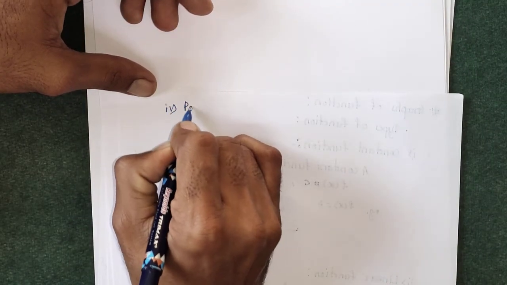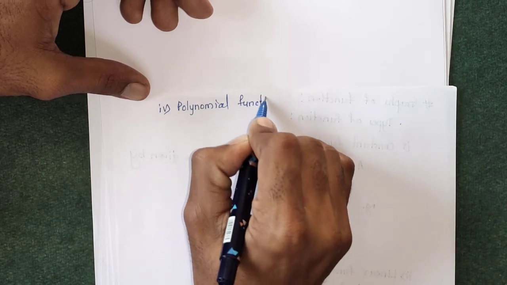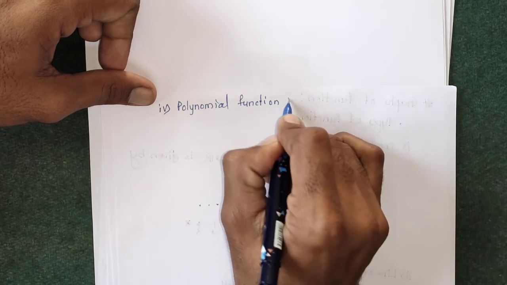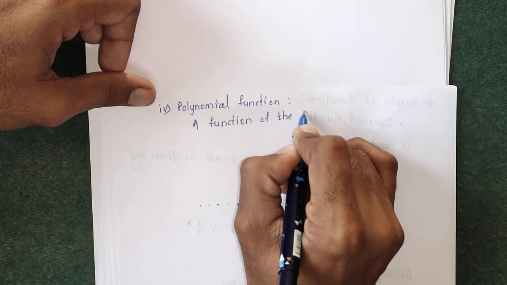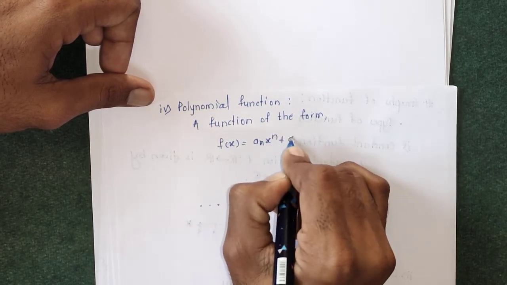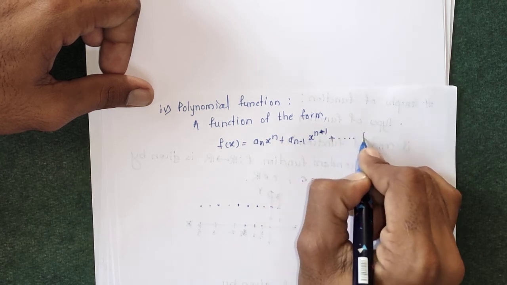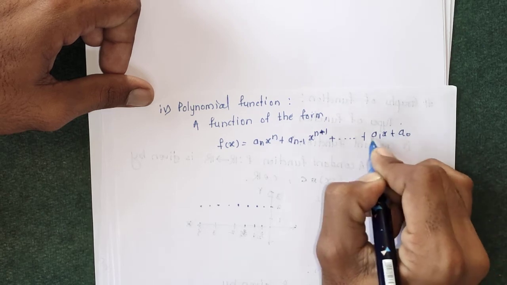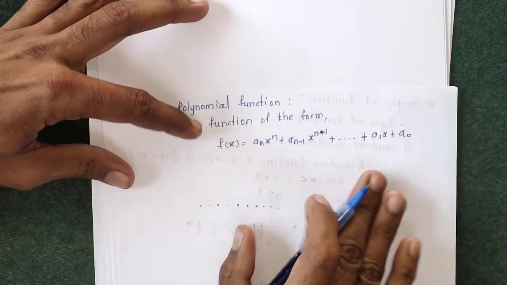The fourth definition is the polynomial function, a function of the form f of x is equal to a n x raised to n plus a n minus 1 x raised to n minus 1 plus up to a1 x plus a naught, where a naught, a1, a2 up to an are all real numbers and an is non-zero.